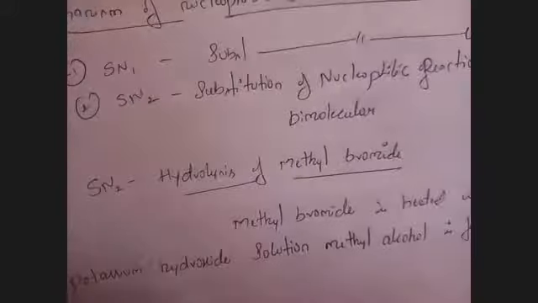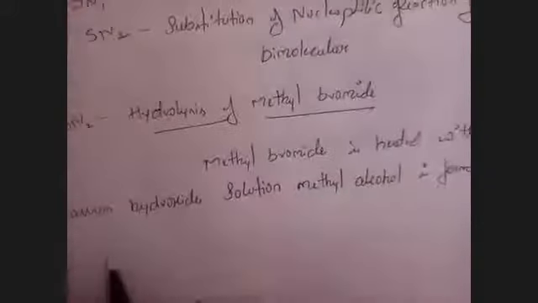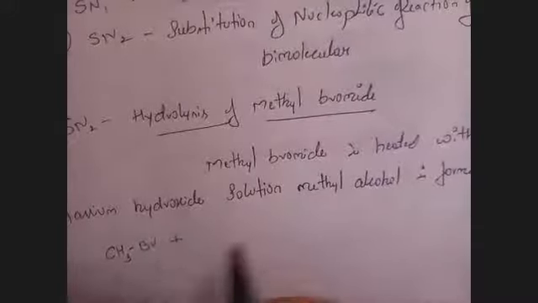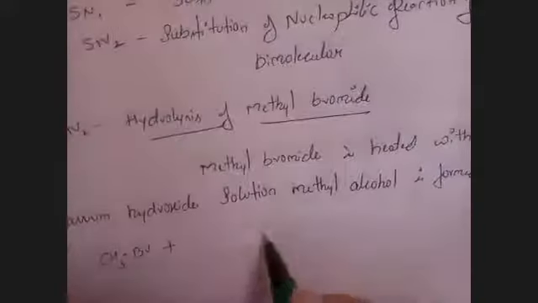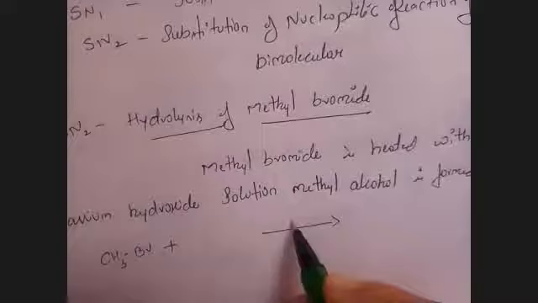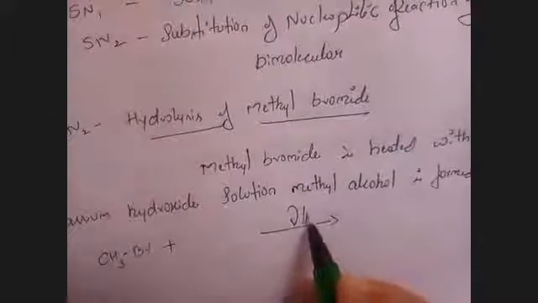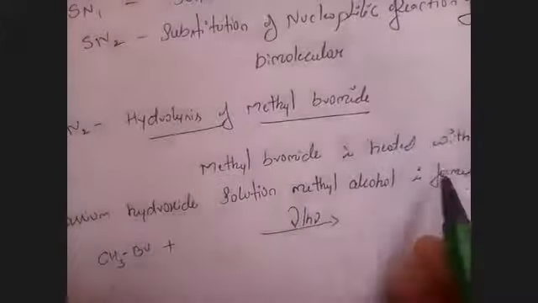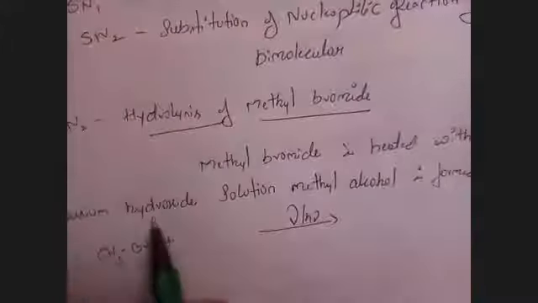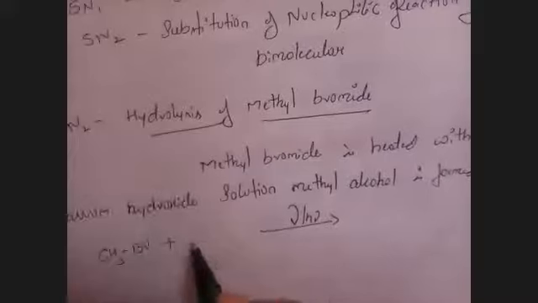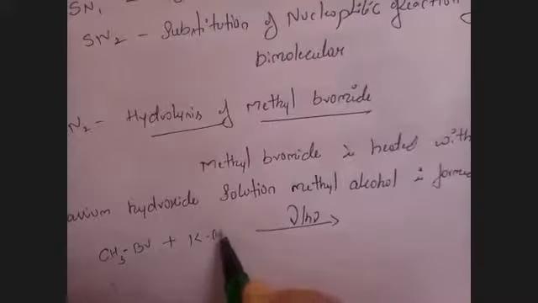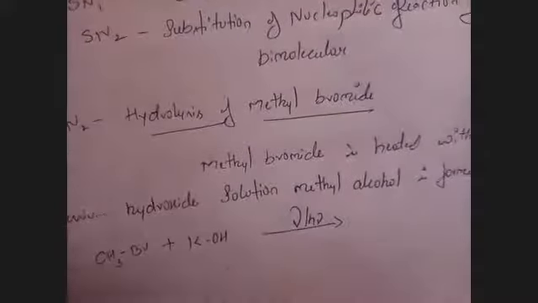Methyl bromide is CH3Br. Heated means sunlight can also be used, or you can write a heat symbol or temperature. Aqueous potassium hydroxide means KOH dissolved in water.